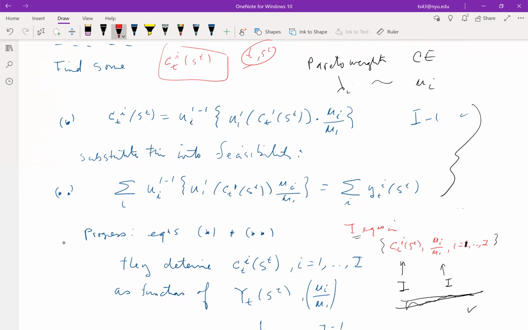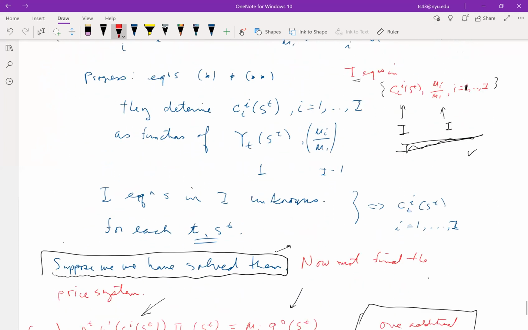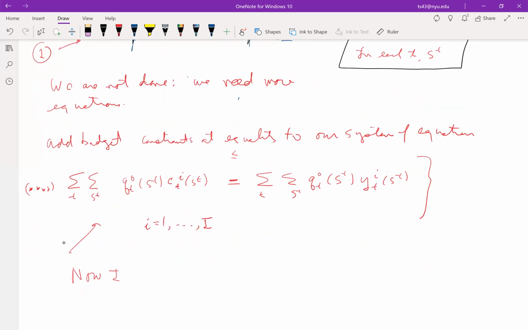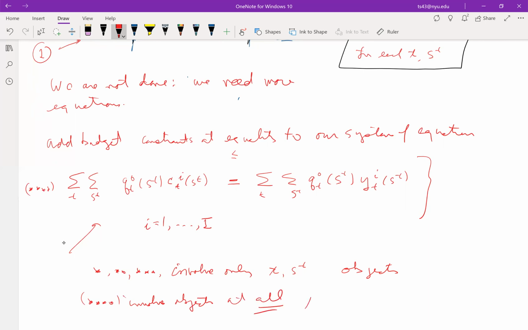So star, star, star and triple star, let me notice this: star, star, star and the others involve only objects at s^t. Star, star involves objects at all s^t.